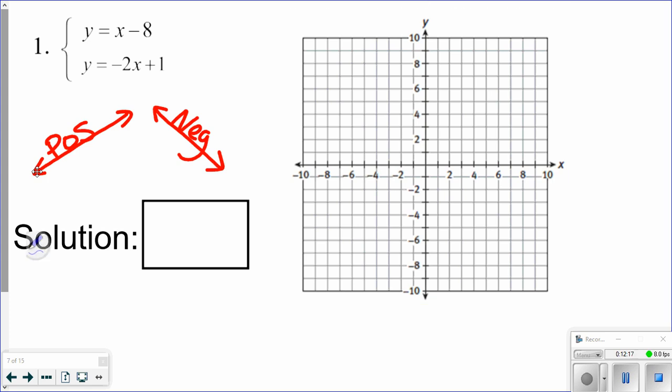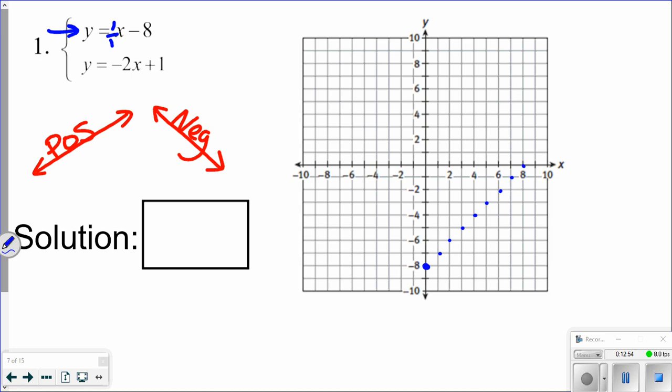Okay, so I'm just going to start by graphing this first one right here. My y-intercept, my b value is -8. So your graphs do not have numbers on them, so just assume that every box is 1. So start at your origin and count down 8 boxes. And then our slope is a positive 1/1. So go up 1 box, over 1 box, the whole way.